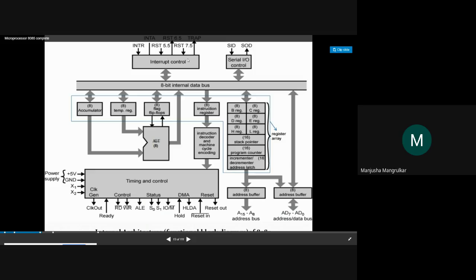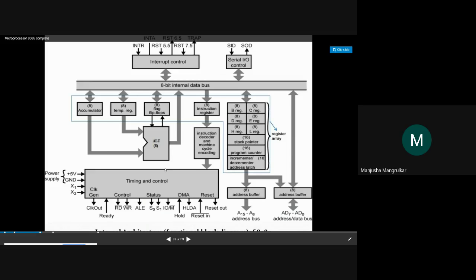Now the rest: this is your interrupt control unit. It has an interrupt INTR, and this is the acknowledgement. These are RST 5.5, RST 6.5, RST 7.5, and the TRAP interrupt. All these are interrupts. Serial input output: SID, serial in data, and SOD, serial out data.